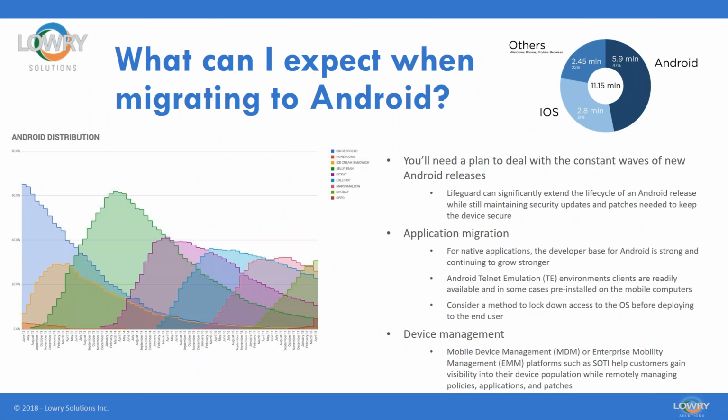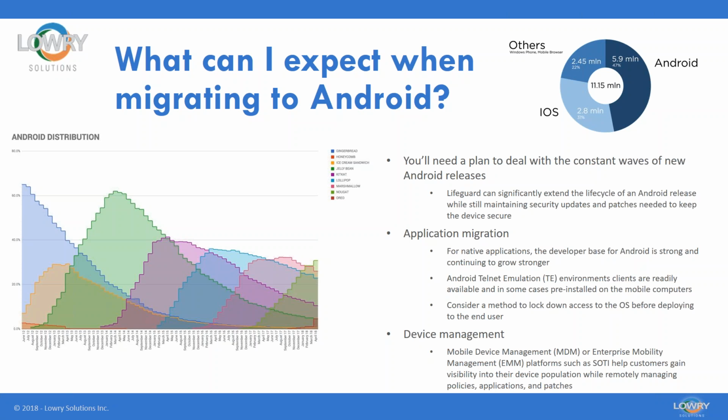So what to expect with Android? Another major consideration when deploying Android is obviously the rapid OS release cadence that Google adheres to. You see the distribution chart on the left there. Google drops a new release pretty much every year, if not sooner.